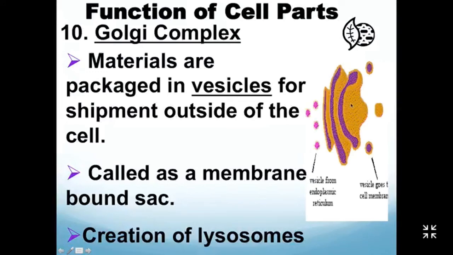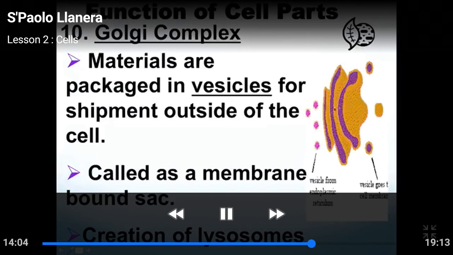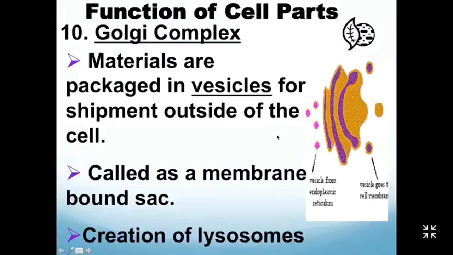By the way, for those packed materials, like what I've said, for example a lipid and a protein that have been bound inside the Golgi complex, once it is all ready for release, it goes directly out of the Golgi complex and, of course, directly outside of the cell as well and does its function.